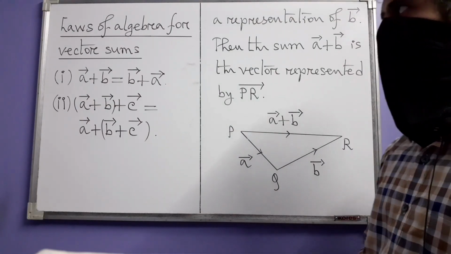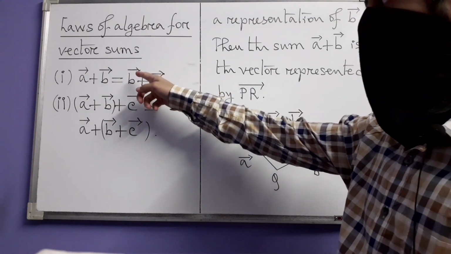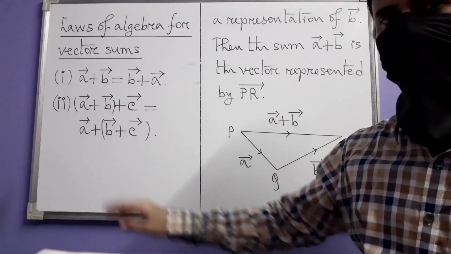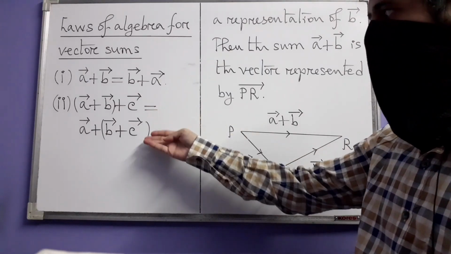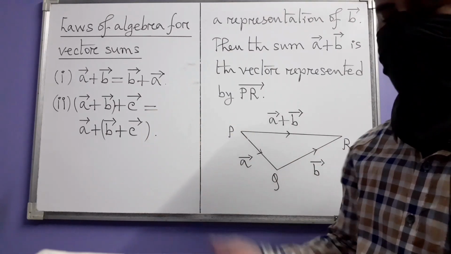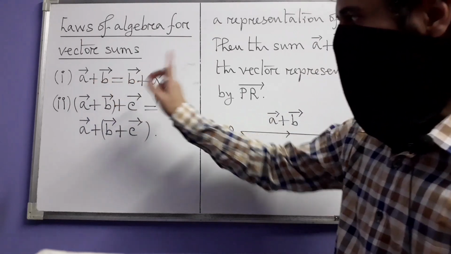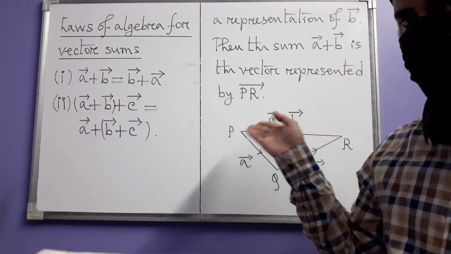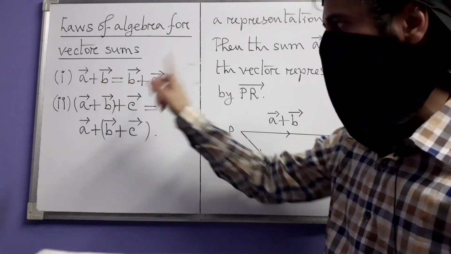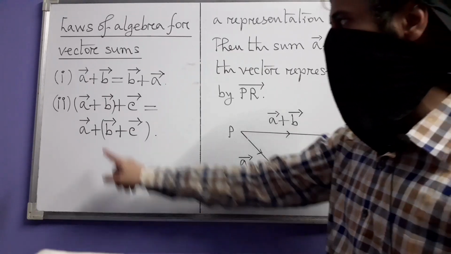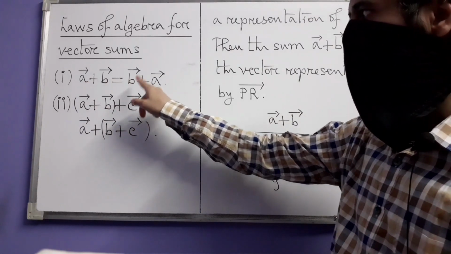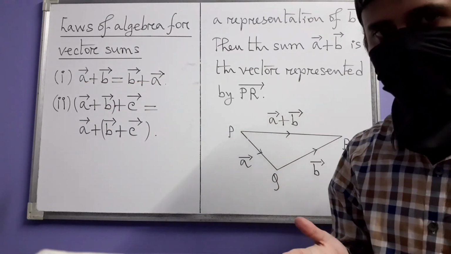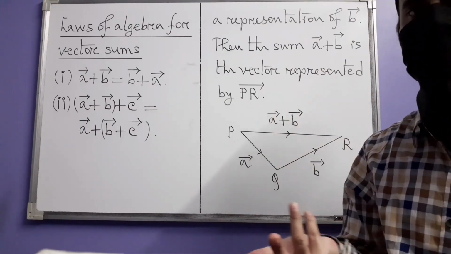Now next we have two laws of algebra for vector sums. There are a few others also, but these two come first. Vector addition, the operation that you saw just now, is commutative. This means that it does not matter in what order you take the vectors when forming the sum, the result is the same.